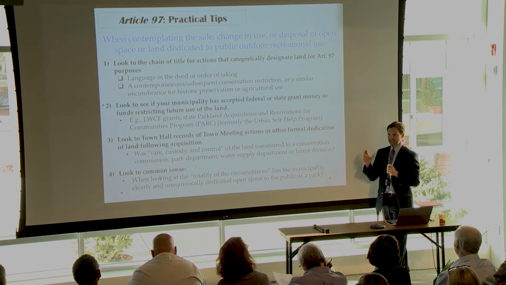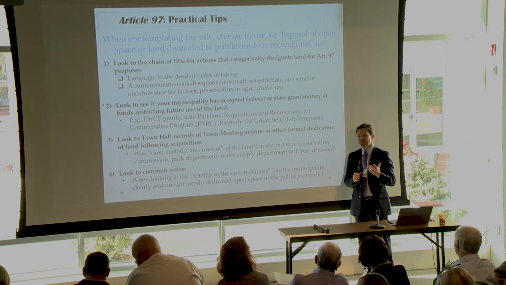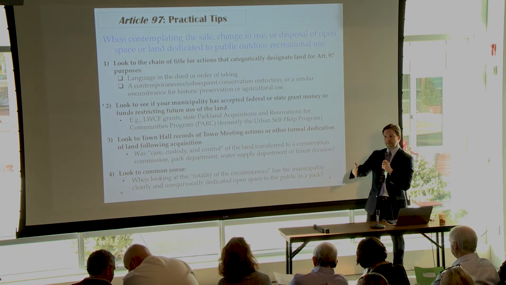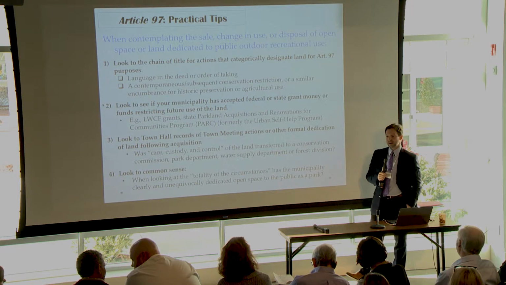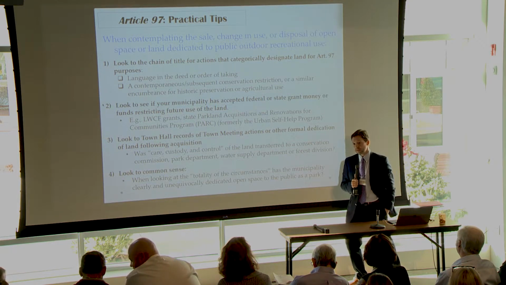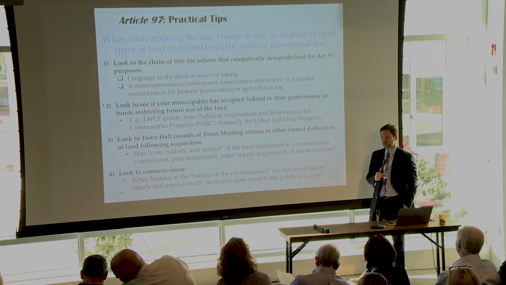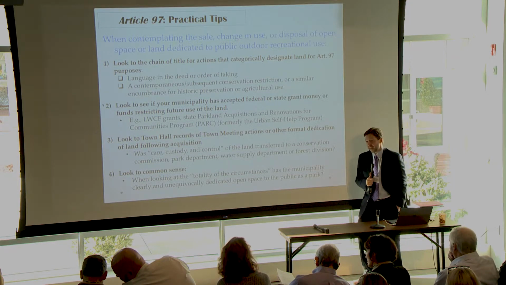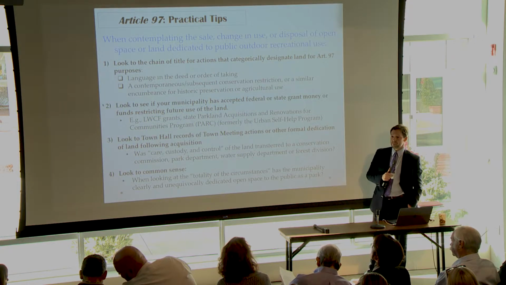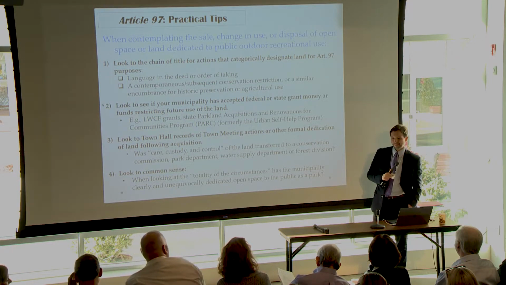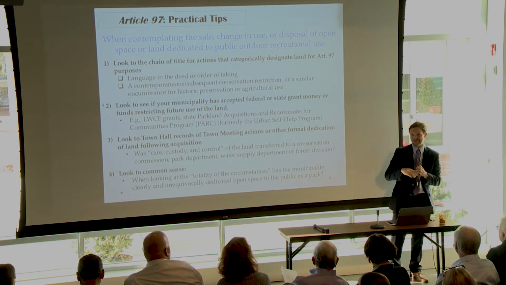If the municipality or the Commonwealth is not doing its job, or is allowing that property to be put to some other use, or transferring it for some other use, then citizens may seek to enforce the public trust doctrine against the Commonwealth, to ensure that it continues to be used for those public purposes, is what it boils down to. I'm not sure if that answers it. Okay. Well, we could chat after.